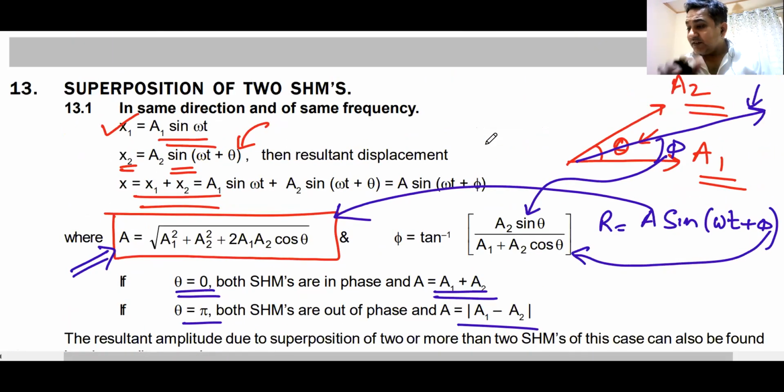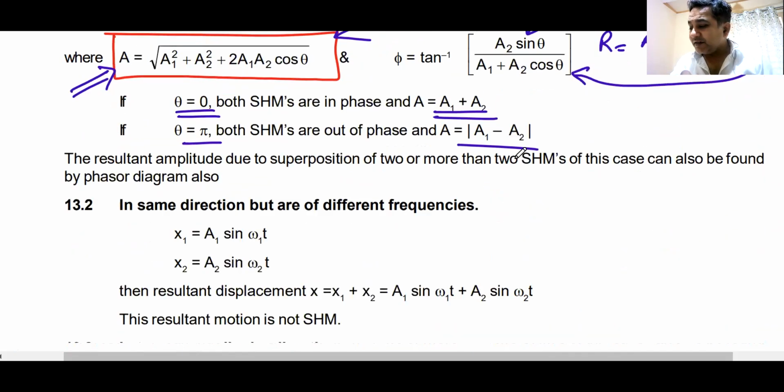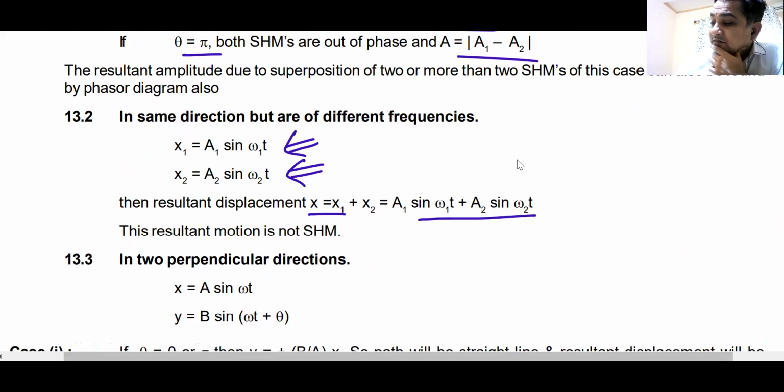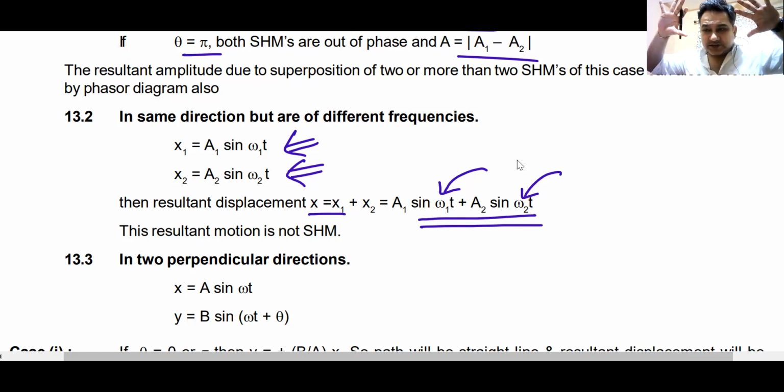Now, this is the most general case that you might find, but there might be other cases. Different frequencies. This is a question for multiple choice. With different frequencies, the resultant displacement will be this, and since the frequencies are different, this motion cannot be simple harmonic. Do we understand this?